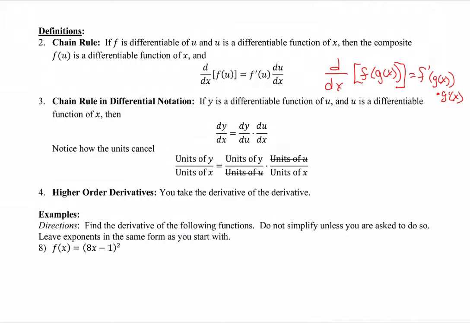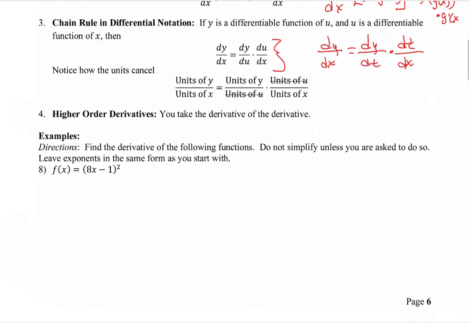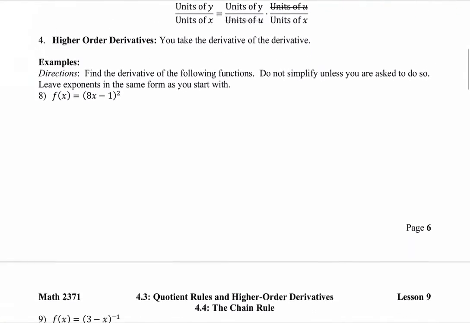Okay? Now, in this notation, this is another notation. This says that dy/dx, or a lot of times you'll see it as dy/dx equals dy/dt times dt/dx. Okay? So those are two different ways that you often see the chain rule used.